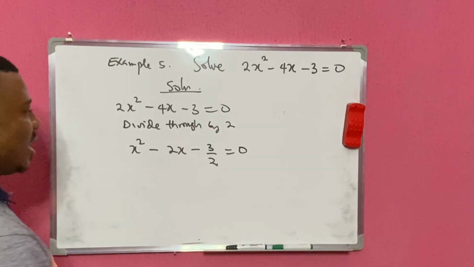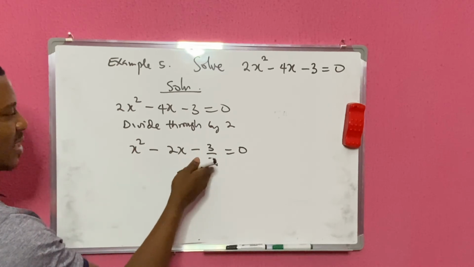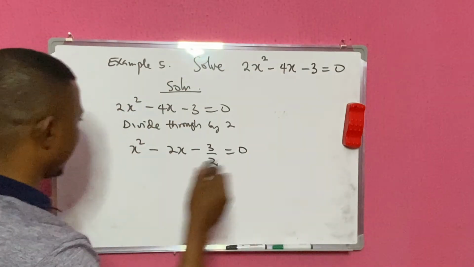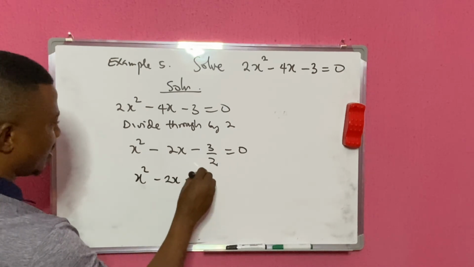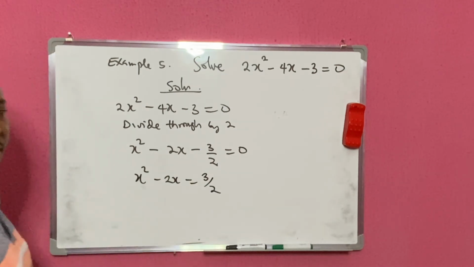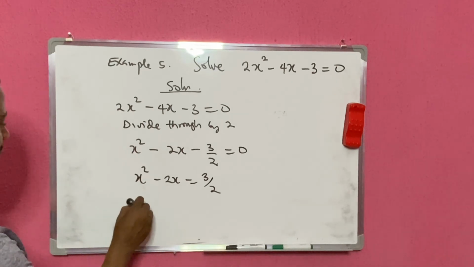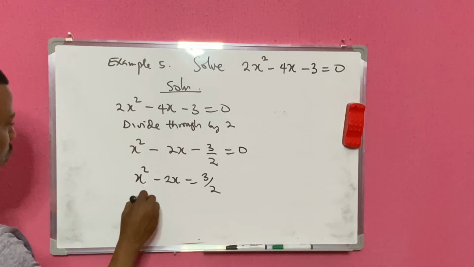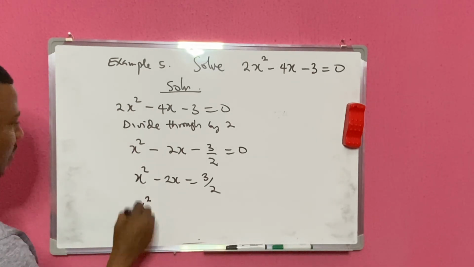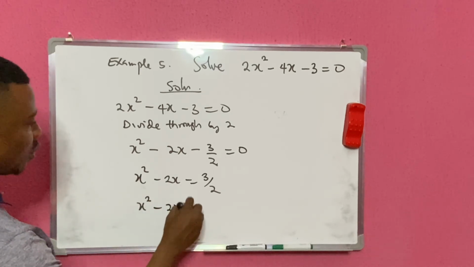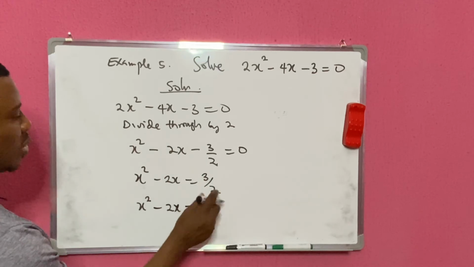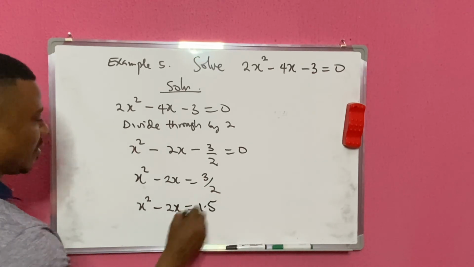Next step says make sure that you move the constant to the right hand side. x squared minus 2x will give us 3 over 2. To make it very easy, 3 by 2 gives us 1.5.